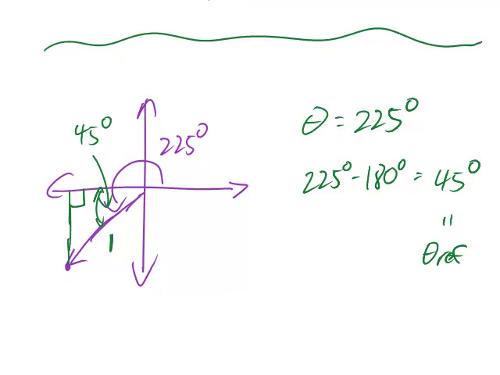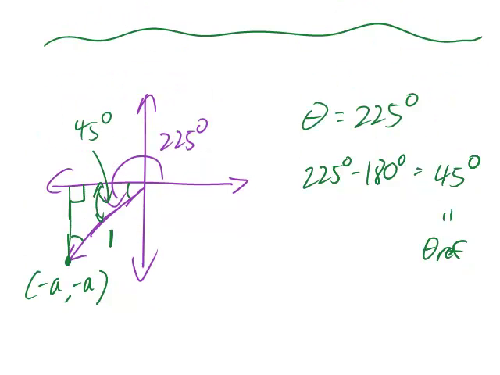Since this is isosceles, this point has the same coordinates. It's going to be minus something to the left, and minus something down. The two coordinates are both negative and the same. Since we don't know what it is, let's just call it A.